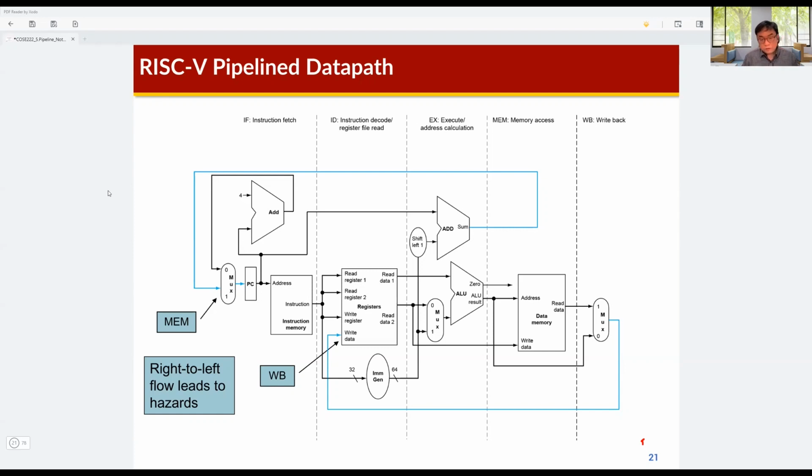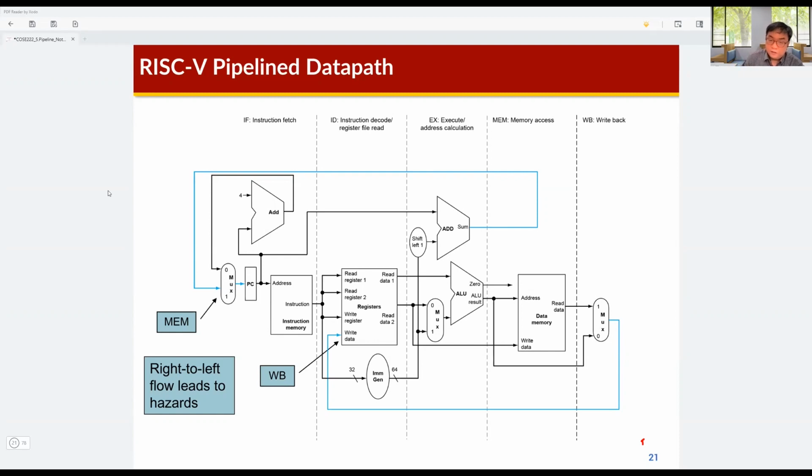For example, for the instruction fetch step, the PC is generated from the PC register, and this PC value is given to the instruction memory. Then instructions come out from the instruction memory. This is the instruction fetch stage. In instruction decoding, the register file is accessed, the instructions are decoded, and control signals are generated.